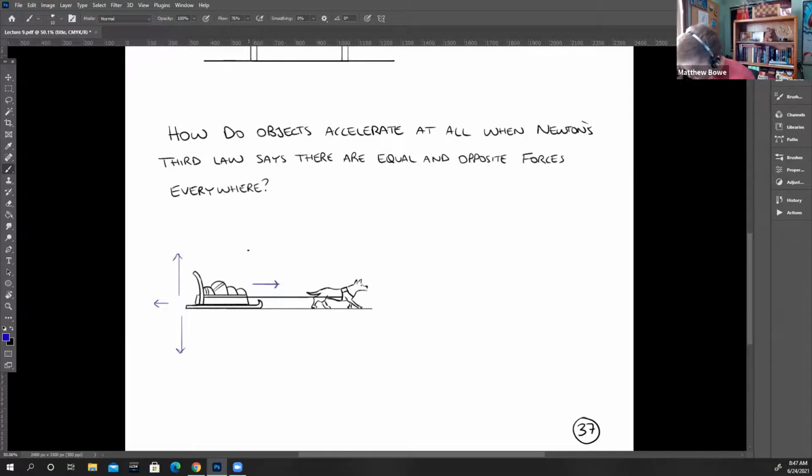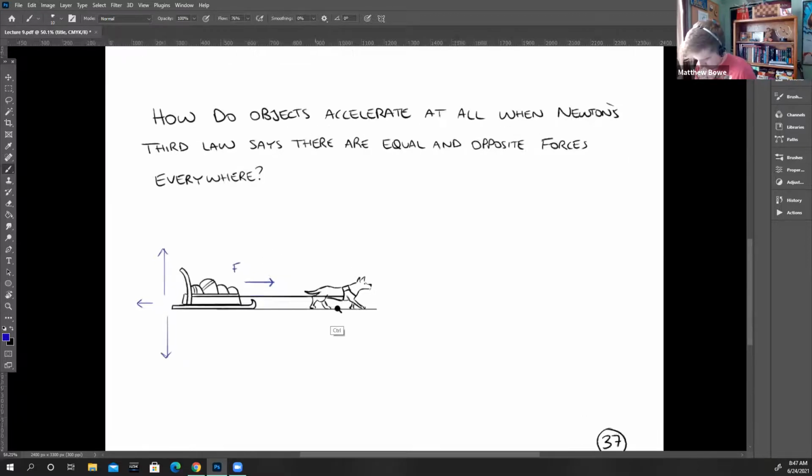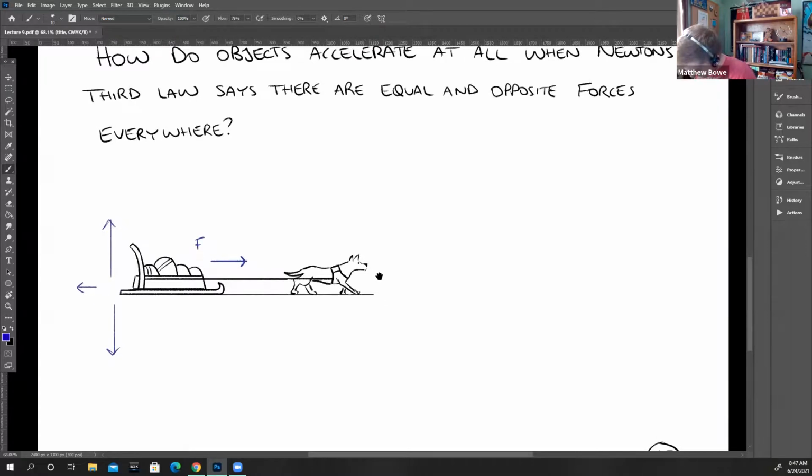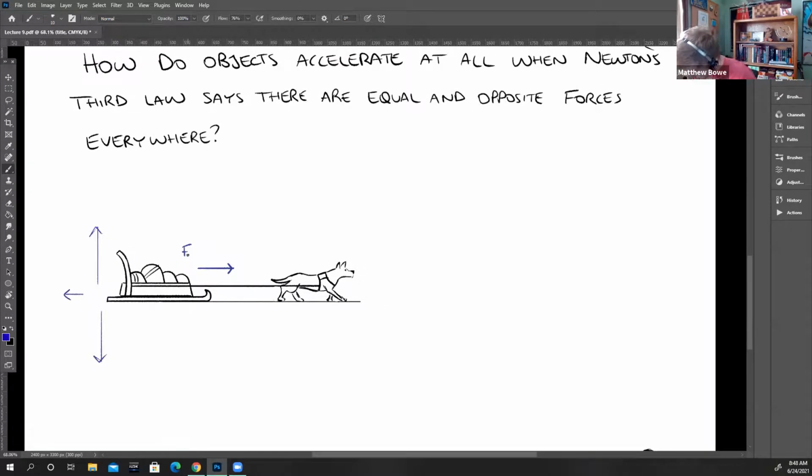this force. Let me zoom in so I can write this a bit clearer. So there's this force that the dog is exerting on the sled. Dog on sled.